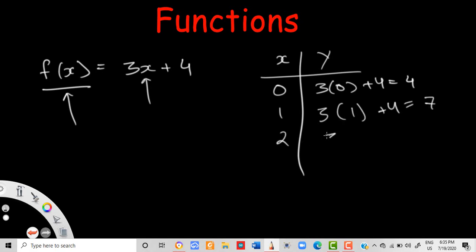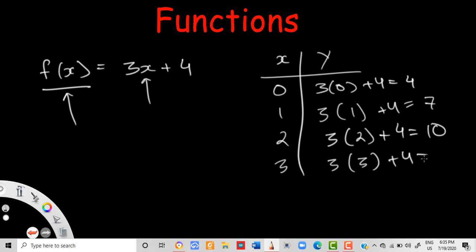And then for 2, you get 3 times 2 plus 4, which is 6 plus 4, 10. And then 3 times 3 plus 4, that is 9 plus 4, 13. So depending on the input, as I'm telling again and again, it will give a corresponding output y, which is a function.